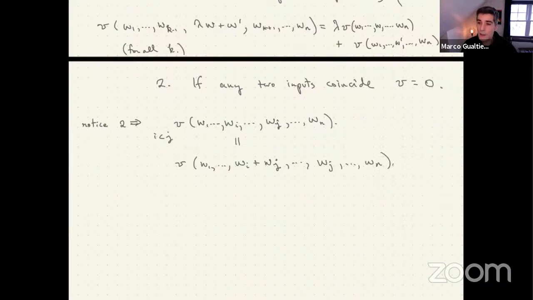The reason that this is equal is because I added a Wj in here, but because Wj occurs twice, and because V is linear, this expression will be the sum of two terms, one which includes Wi and the other Wj, but the Wj term is going to have two Wjs, and that's going to mean that that term is 0. So the thing that I added is not going to affect the volume.